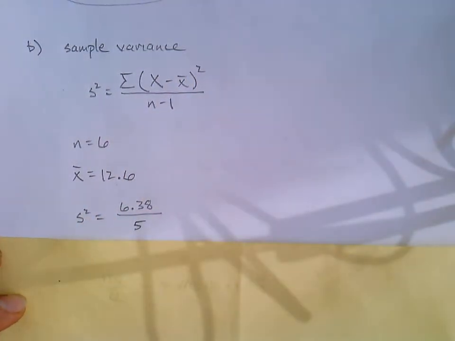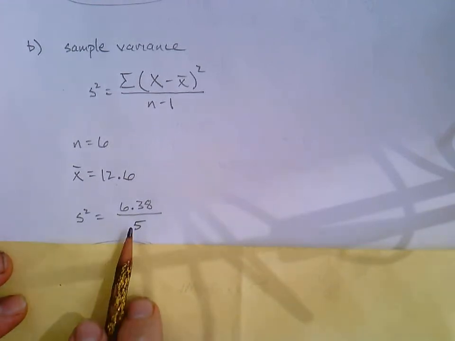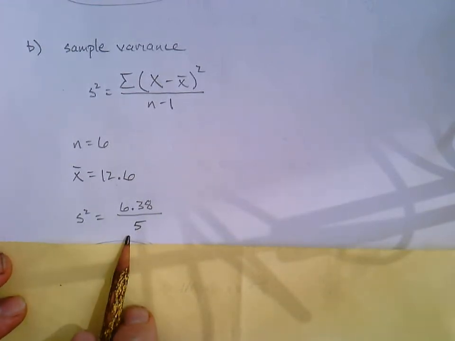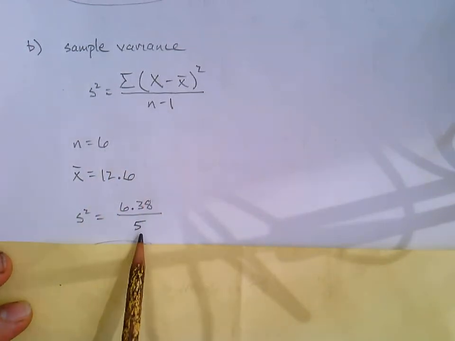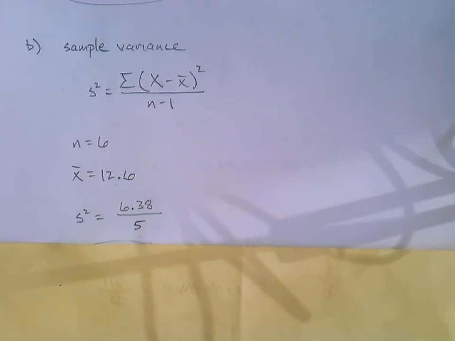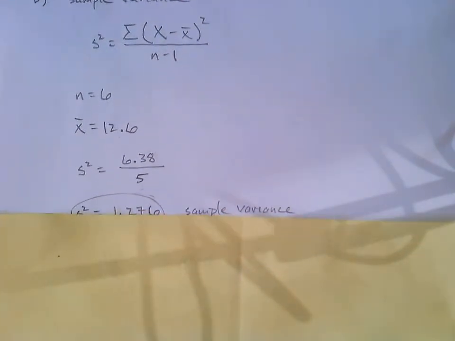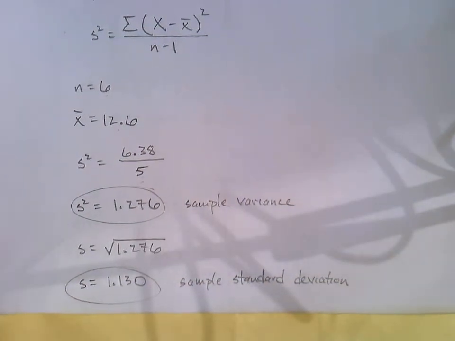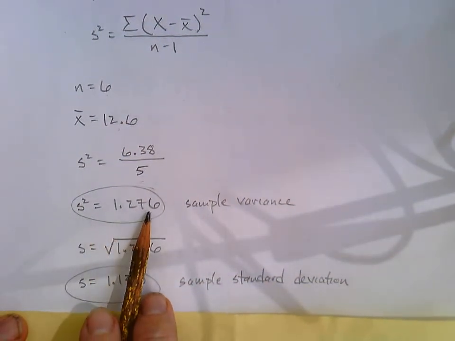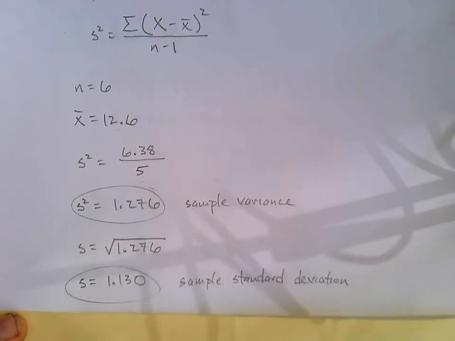The difference between this formula and the population variance is now we divide by n minus 1. We're not going to divide by 6. We're going to divide by 5, 1 less than the sample size, which would give us an s squared, when we round, of 1.276 for the sample variance.